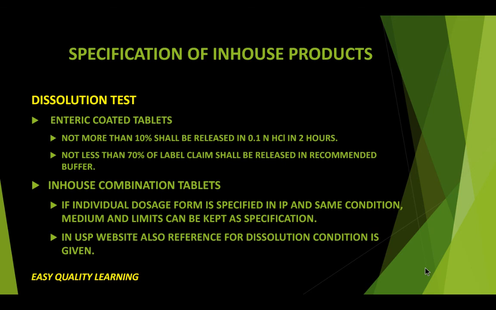For in-house combination tablets, if the individual dosage form is specified in IP, then the same conditions, medium and limits can be kept as a specification. On the USP website also, the reference is given for dissolution conditions: what should be the media, what should be the RPM, what should be the time points.